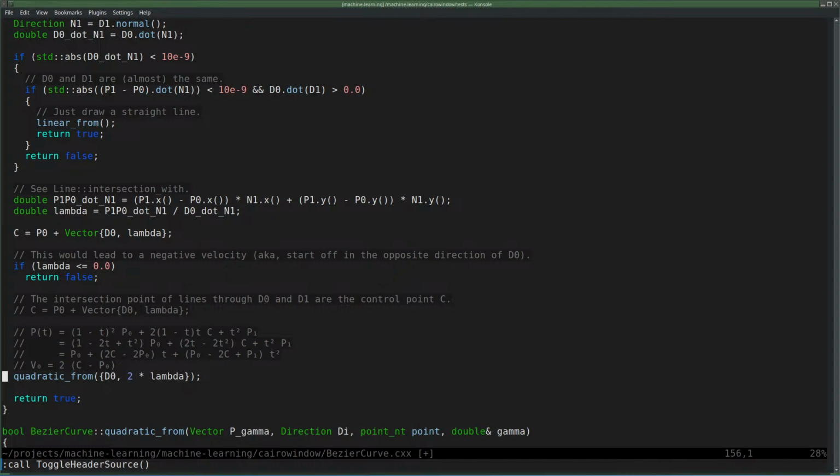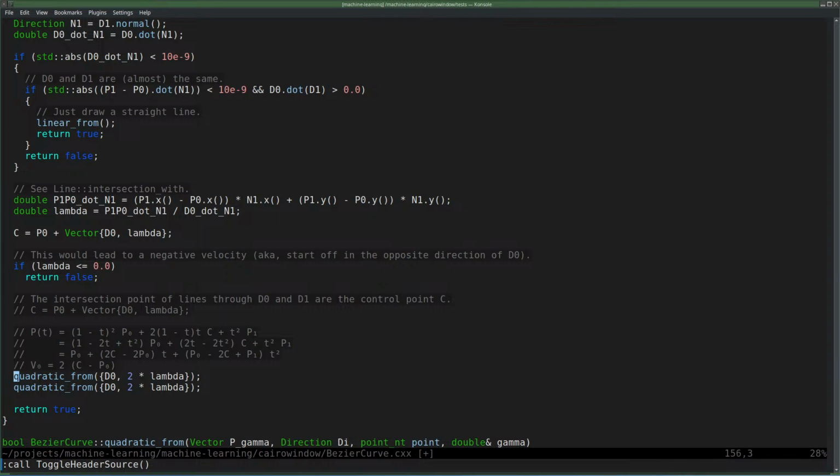For a moment, I'm gonna comment this one out and actually use the C that we calculated. Otherwise, I have to change the 2 lines of code. So I should pass V0, which is 2 times C minus P0.